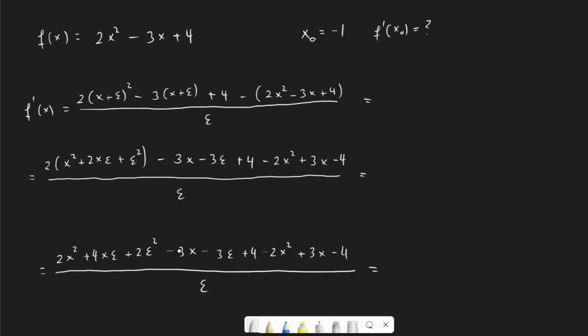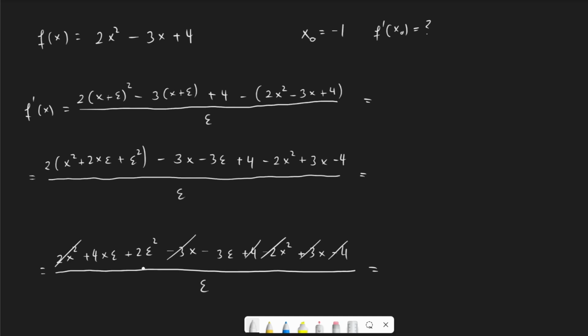And here we will have a lot of cancellations: the 3x terms eliminate each other, and the plus 4 and negative 4, and the 2x squared terms as well.